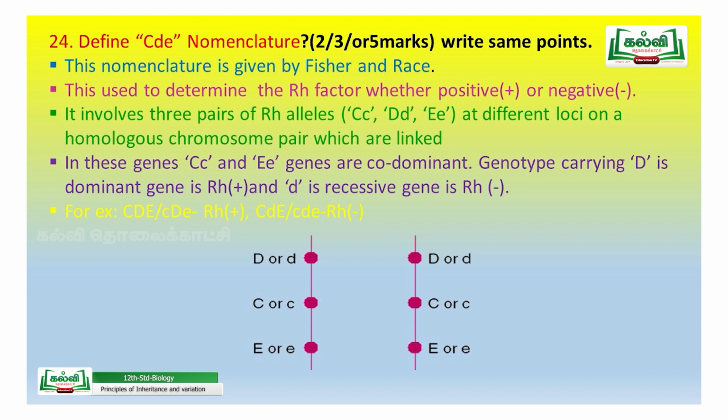Now, in these genes, the C and E genes are codominant, that means they equally express in the phenotypic character. In the genotype carrying capital D, it is called a dominant gene, and the person who gets the D is called RH positive, and the person who receives small d, that is the recessive gene, is called RH negative.